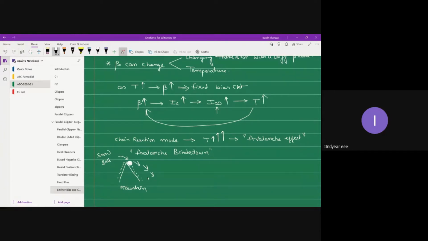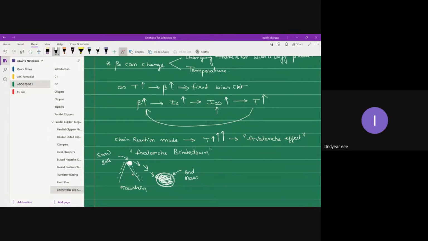So in the end, when it reaches the bottom, the mass of this snowball will be a lot bigger. This is the end mass of the snowball. In every roll, it is collecting the neighboring ice, and in the end, it becomes a gigantic ball, and it can destroy the surroundings, right?